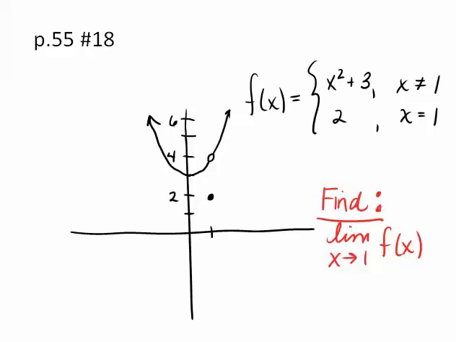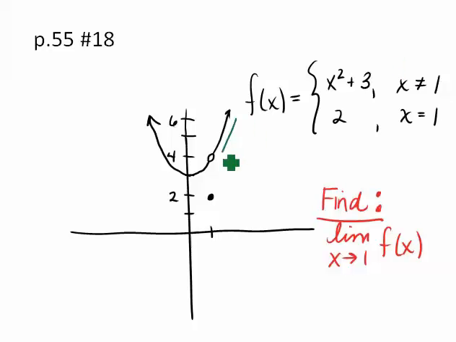On this next problem that you would see from the book, number 18, what it's asking you to do is to find this limit. So it's the limit as you approach 1 from the right and from the left, and they do give you a graph, and here's the function in mathematical terms. They didn't make you graph it.